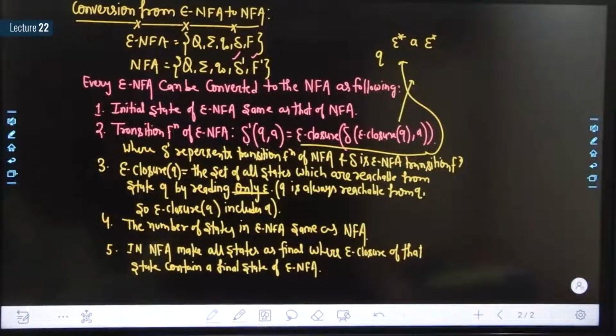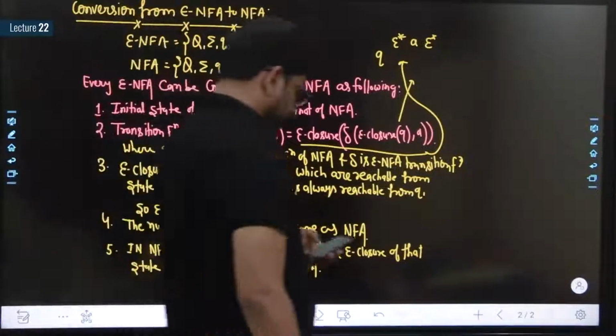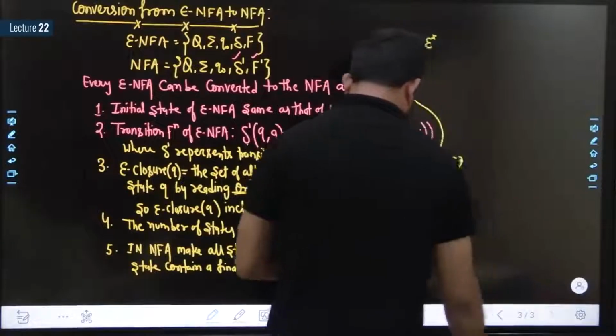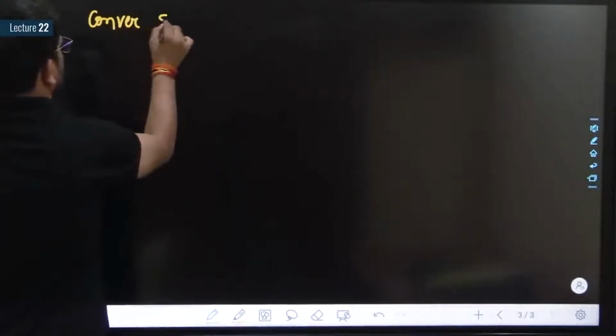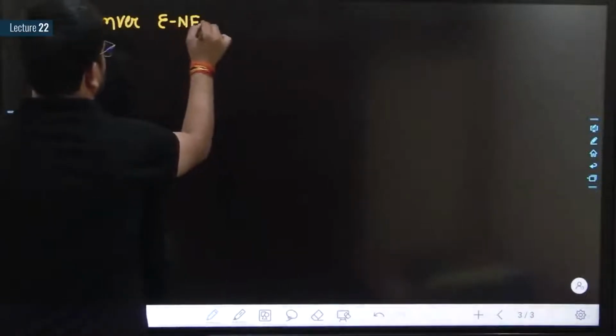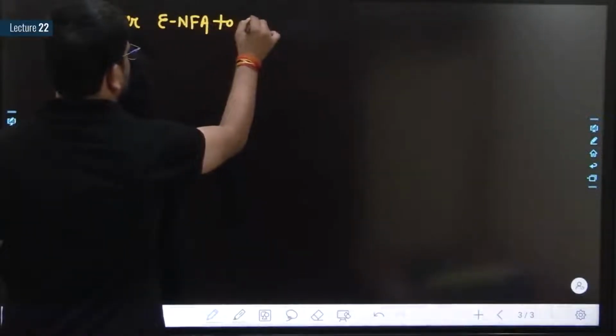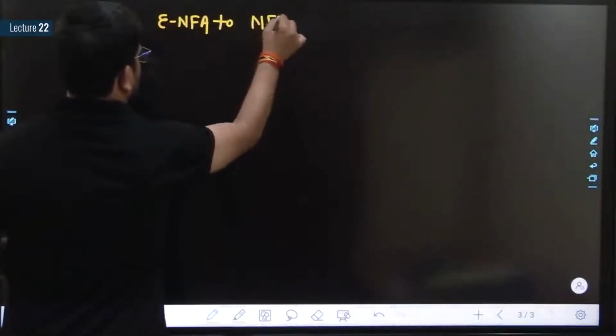Okay, done? See the example. Convert Epsilon-NFA to NFA.